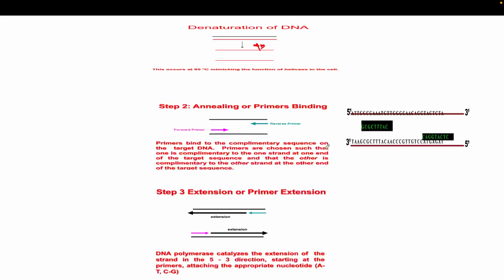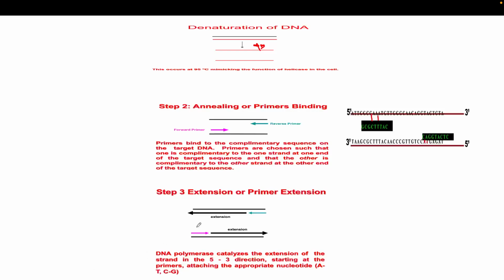Here you can see the sequence-level annealing. The template is this one, and this is the primer, the short stretch of oligonucleotide. This primer is complementary to this sequence, so it is always complementary to one of the strands of the target DNA sequence.